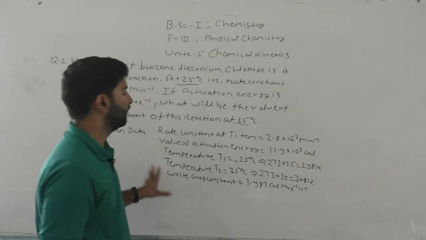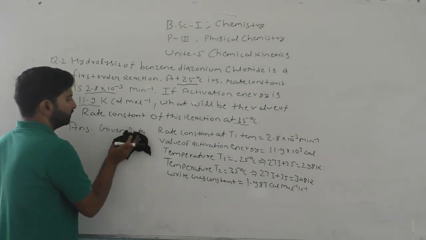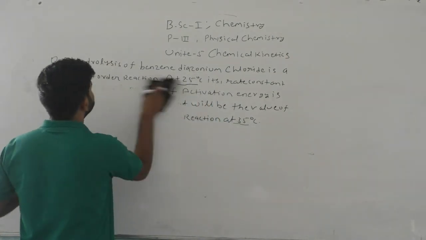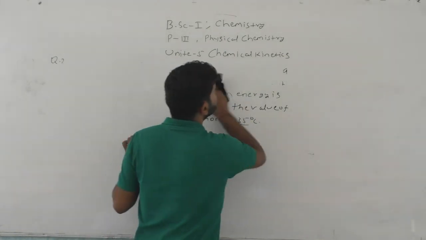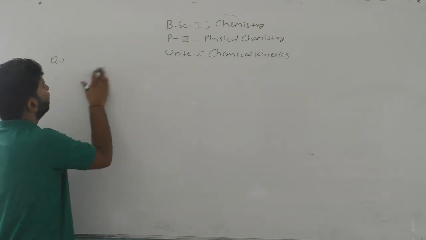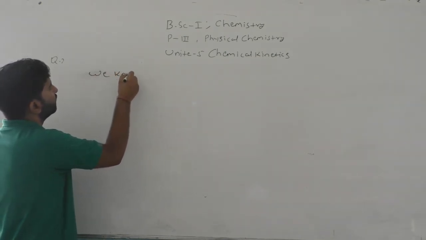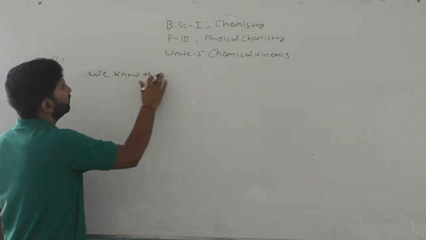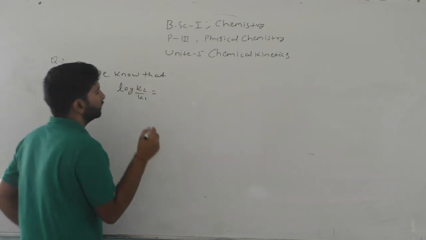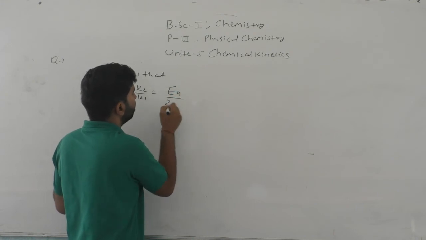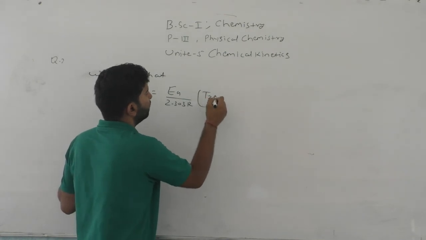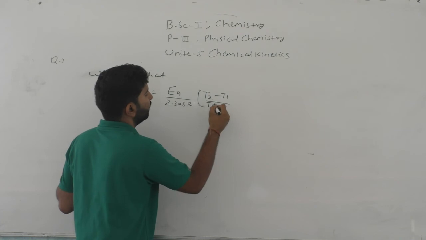Now, we determine the value of K2. We know that log K2 upon K1 equals to EA upon 2.303 R times T2 minus T1 upon T1 T2.